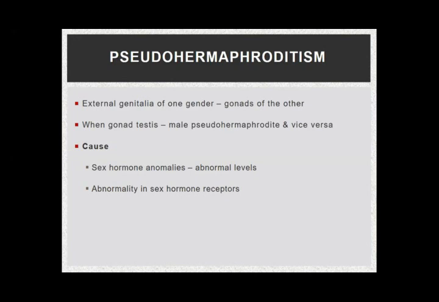What is the cause of this pseudohermaphrodite? The cause could be that sex hormones in levels when they are abnormal. Adequate levels of sex hormones are not produced, or adequate levels of sex hormones may be there, but the receptors on which these hormones act, they are abnormal.